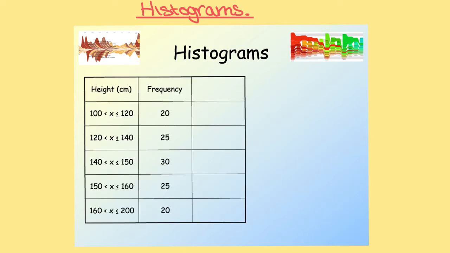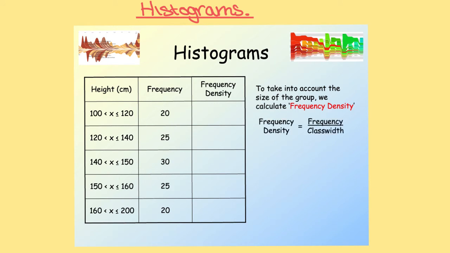So if we draw a histogram to represent this data, to take into account the size of the group, we calculate the frequency density. Frequency density is equal to the frequency divided by the class width.